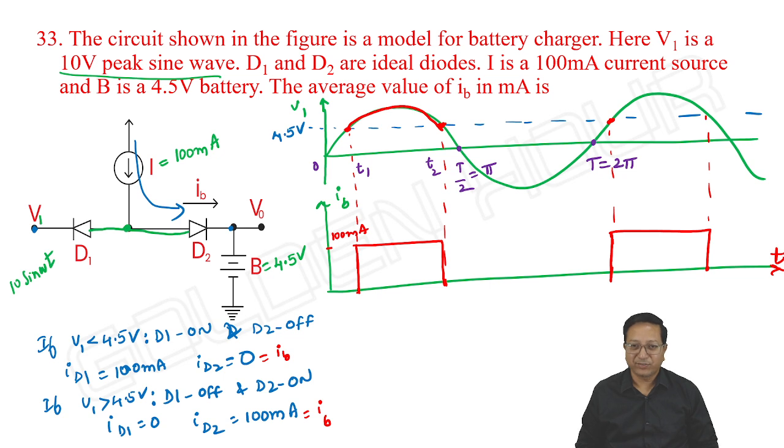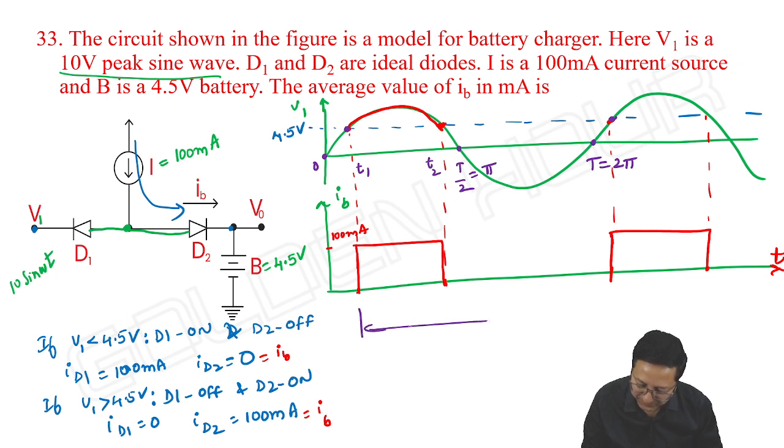Okay, next, what about the period of IB? See, from here to here it is 2 pi. Same thing, 4.5 to 4.5, that is also again equal to 2 pi. Okay, means I can take this interval, its period as 2 pi.